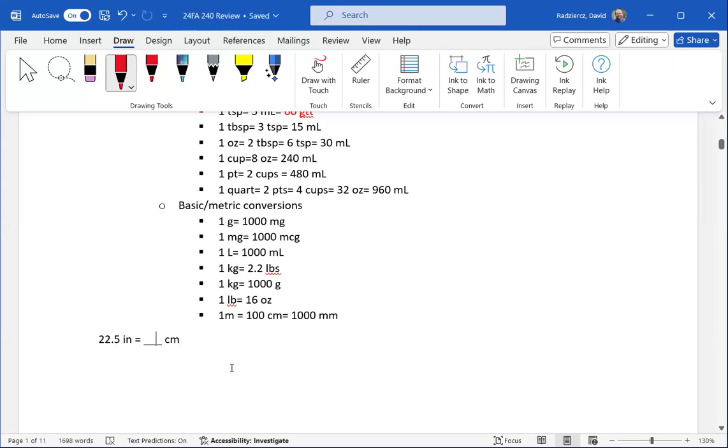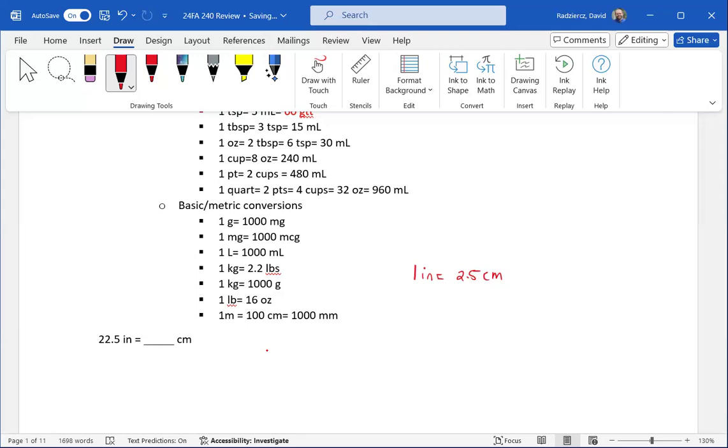So that's in centimeters for the baby. So if we're going to do that conversion, we know that 1 inch is equal to 2.5 centimeters. Is that correct? I want to make sure that I'm doing it right.